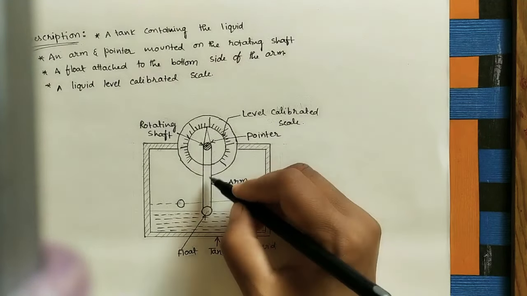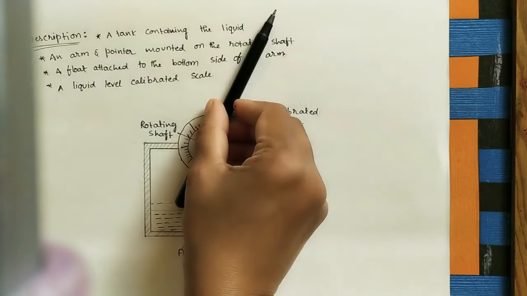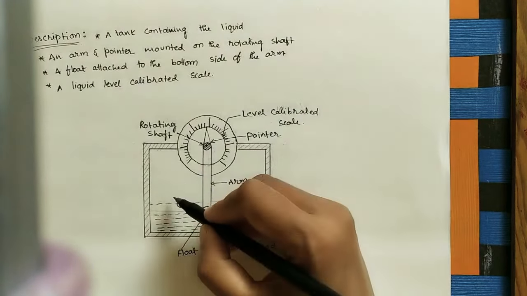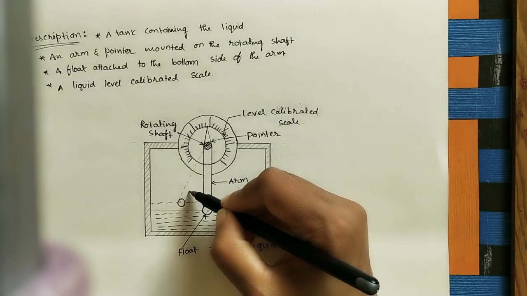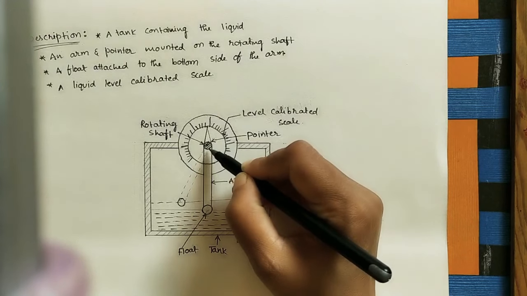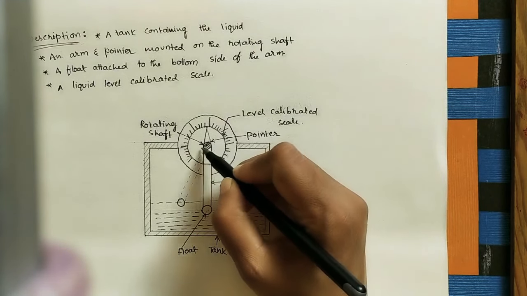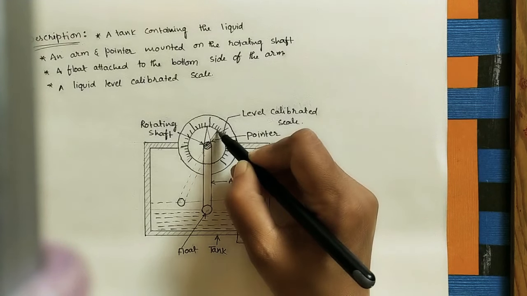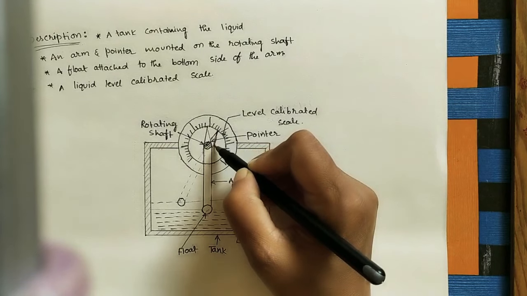So new position, this is the arm. The float is connected to the arm, so it is coming like this. Now let us take this new position of the arm. It is connected to the shaft here. The other side of the arm is the pointer. The pointer will come here like this.